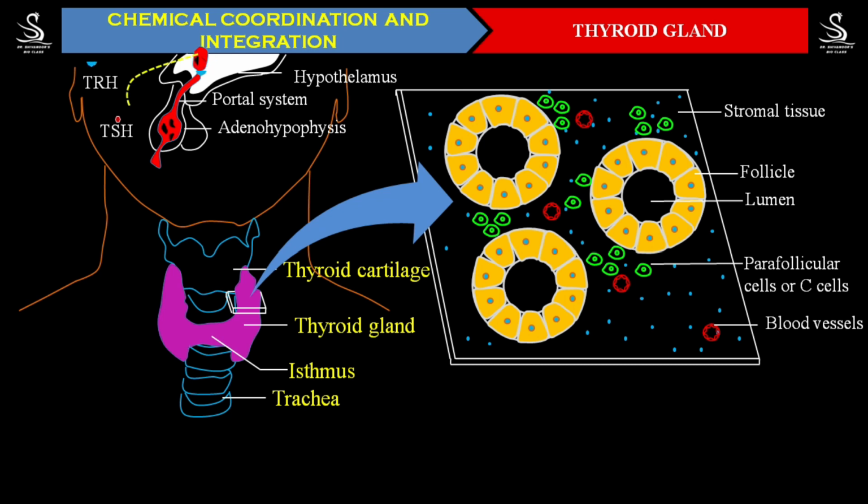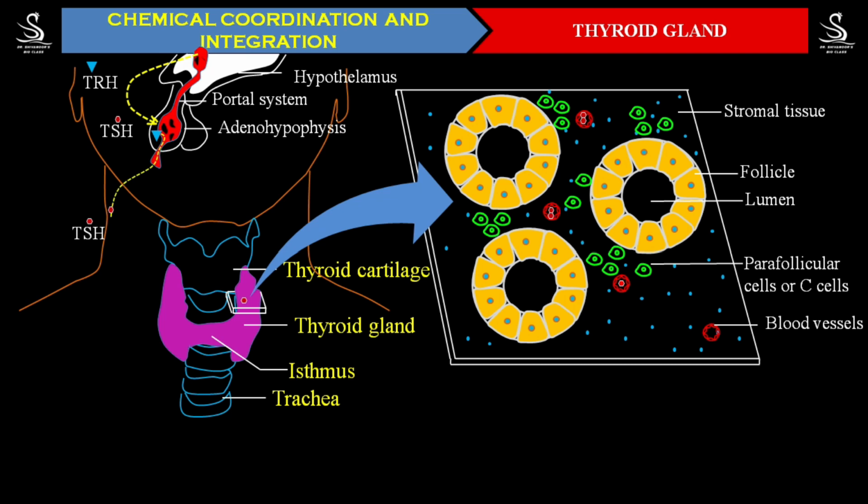From the hypothalamus, a hormone called TRH, thyrotropin releasing hormone, is secreted, and that hormone acts on the adenohypophysis. In response, the anterior pituitary gland secretes one more hormone called TSH, thyroid stimulating hormone.